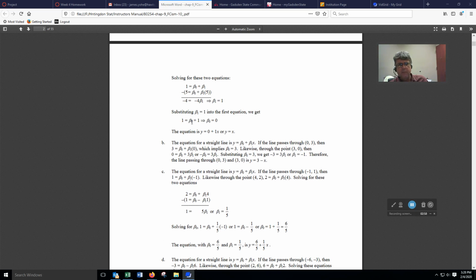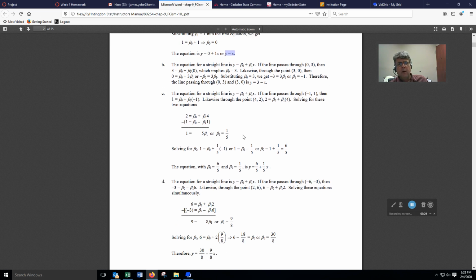I get 1 is equal to beta 0 plus 1. Therefore, we subtract 1 from both sides, and I get beta 0 is equal to 0. So the equation is y is equal to 0 plus 1x. The y-intercept is 0. The slope is 1 times x. So y equals x would be the deterministic equation for our regression.